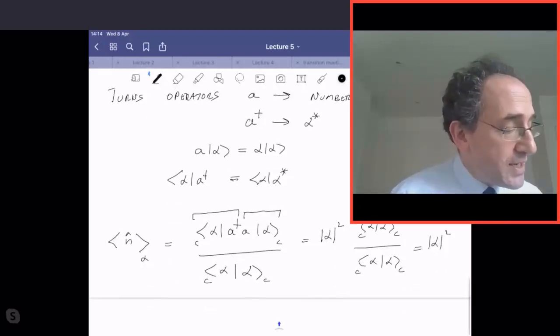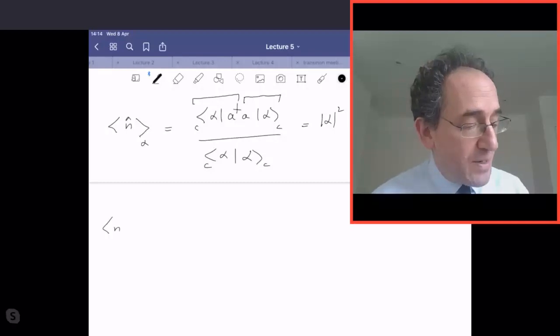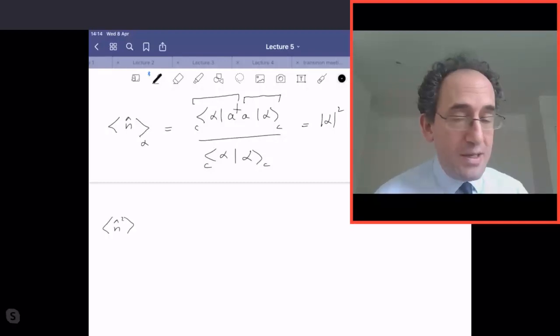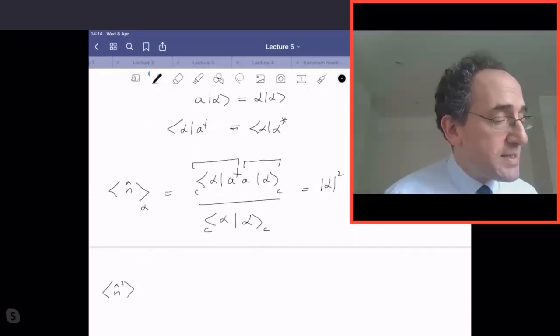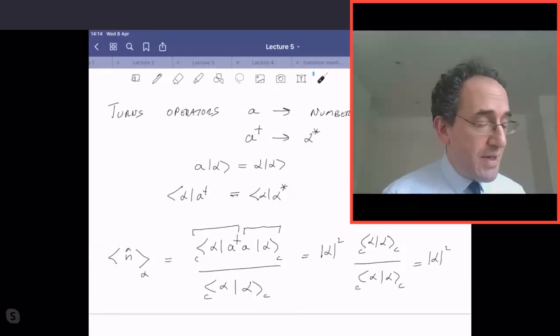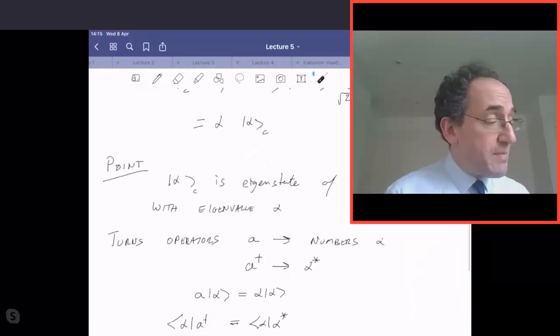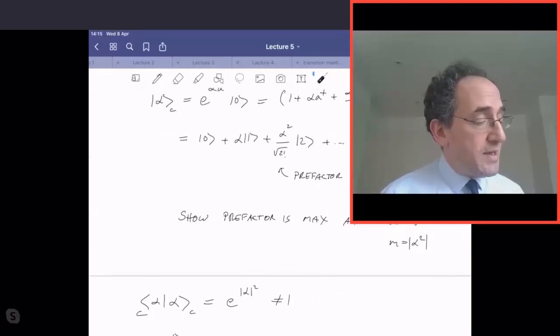Do another exercise doing the same thing. Let's look at the operator n hat squared. Incidentally, this statement that we just calculated, that the expectation of n is equal to alpha squared, agrees with the statement I made a little bit earlier that the prefactor peaks at alpha squared.